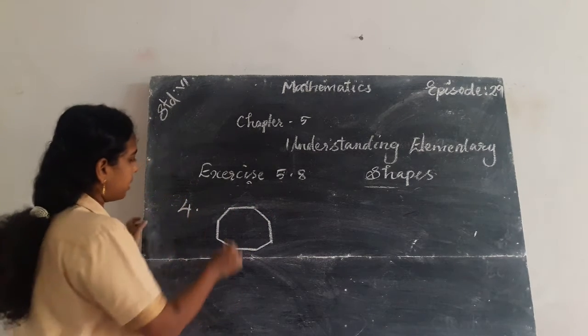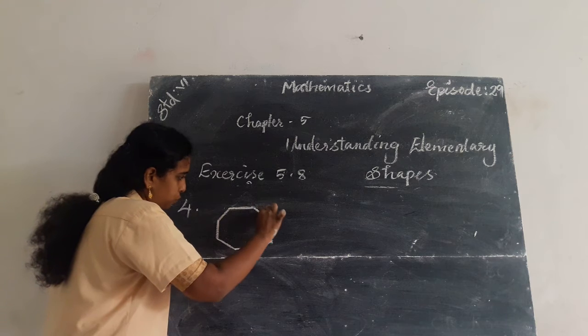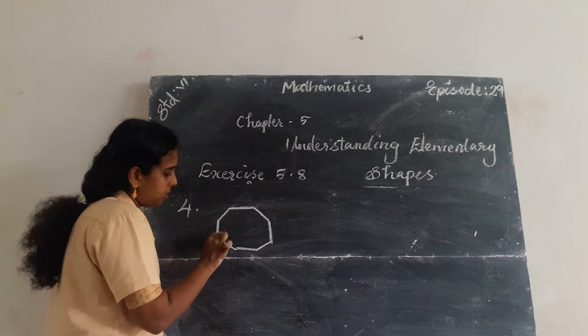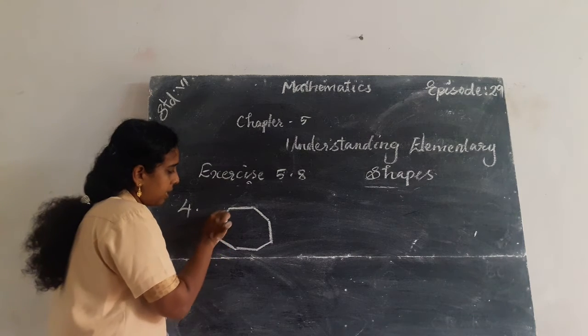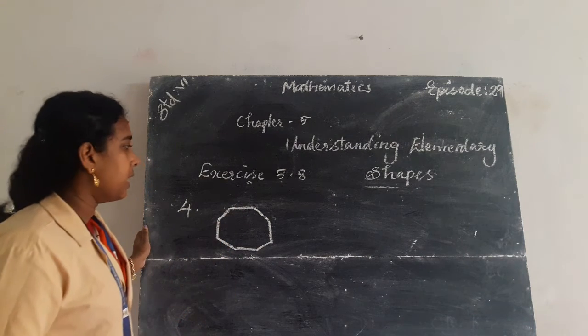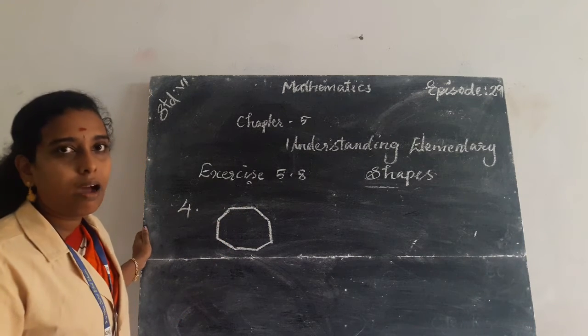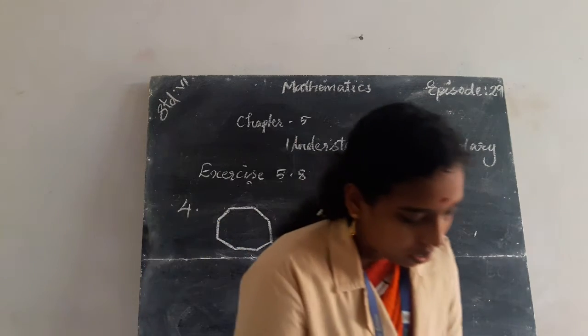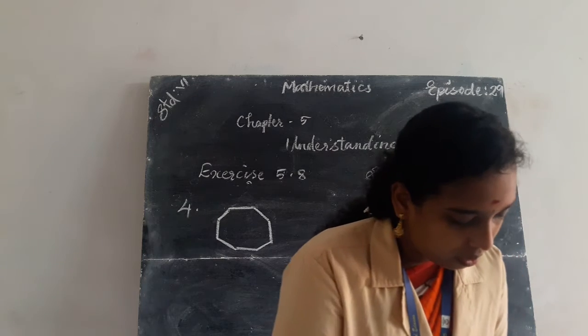Okay, this is the octagon here. 1, 2, 3, 4, 5, 6, 7, 8. So it's a polygon with 8 sides and it's called an octagon. So first we draw a rough sketch of a regular octagon.